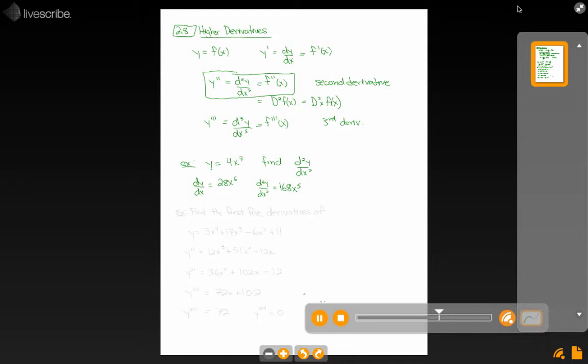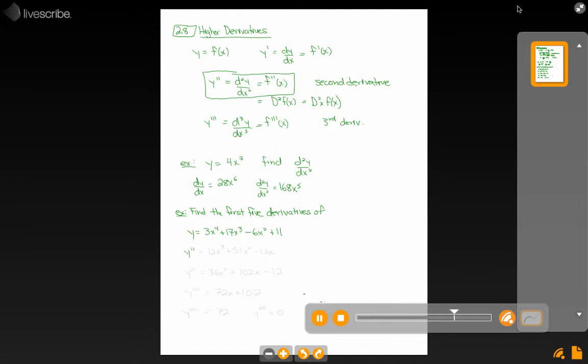And you could then go further and further and further and take the third and the fourth and the fifth and the sixth derivative. What you'll notice, and I'll do an example of this next, is if somebody were to ask you, find the first 5 derivatives of a polynomial. So we're given this fourth degree polynomial, y equals 3x to the 4 plus 17x cubed minus 6x squared plus 11. We're asked to find the first 5 derivatives.